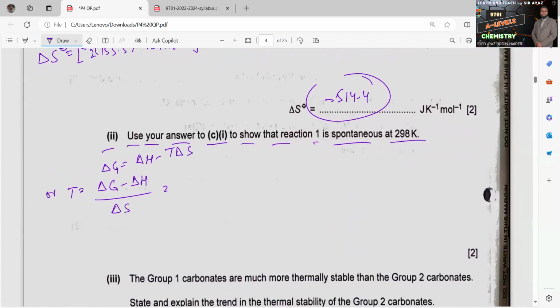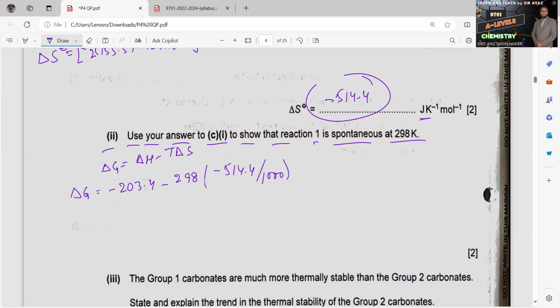So we need to calculate delta G. Placing the values, delta G is equal to minus 203.4 minus 298, which is the temperature in Kelvin. Now, delta S, look at the value, it's joule per Kelvin per mole, so we need to convert this to kilojoules by dividing by 1000. So I will write minus 514.4 divided by 1000.